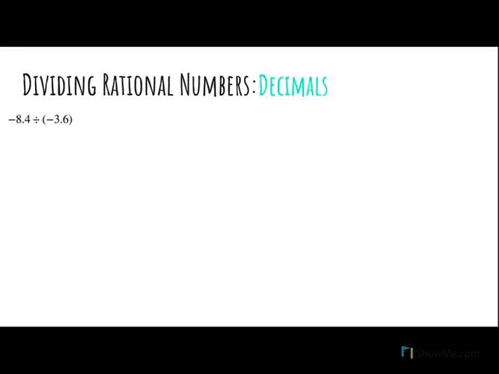All right. Now, what if we have decimals? Could we convert them to fractions, or take those mixed numbers and make them improper fractions? Yes, we could. But let's look at our actual process for dividing decimals here. So right now I have a negative divided by a negative, which I know my answer is going to be positive. So if I know that, I can kind of ignore my signs as I'm working. All right, so I have 8.4 divided by 3.6.